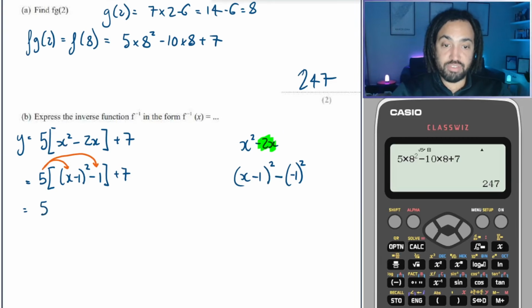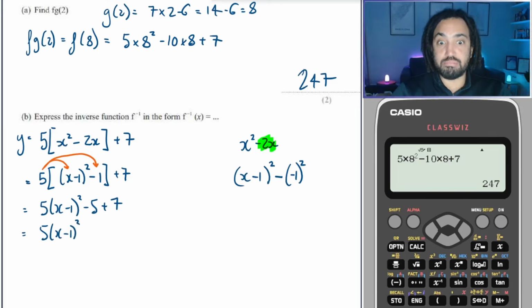So this is going to give me 5 times x minus 1 all squared minus 5 plus 7. So it's going to be 5 times x minus 1 all squared plus 2. Okay, here comes the swapperoo.